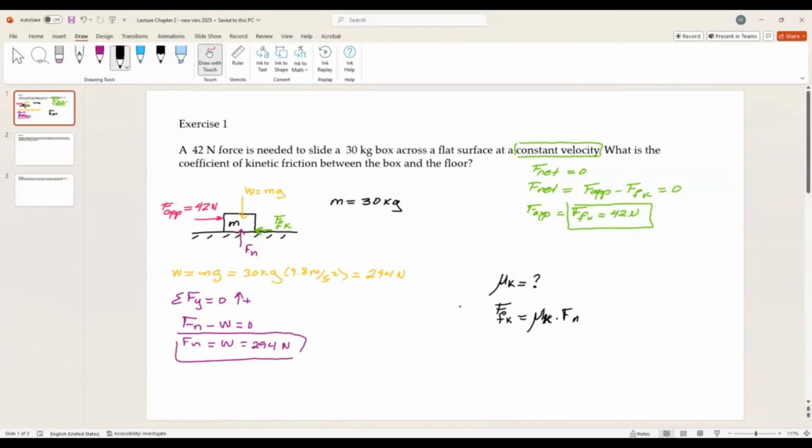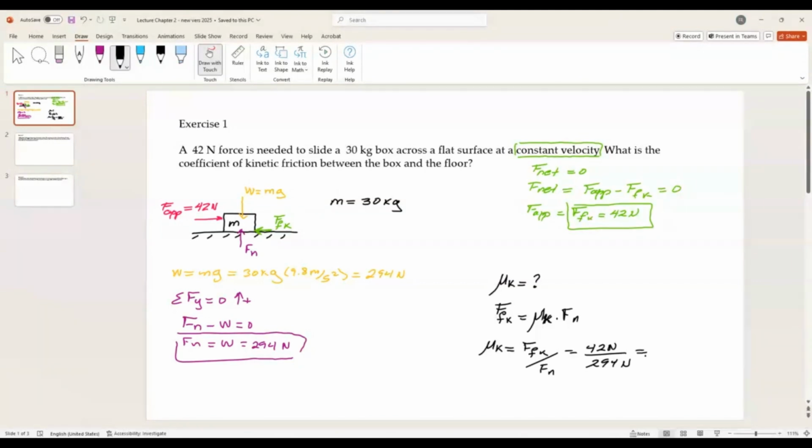So we can solve for mu sub k here. Mu sub k will be equal to the force of kinetic friction divided by the normal force. So the force of kinetic friction, which is 42 newtons, divided by the normal force, that is 294 newtons.